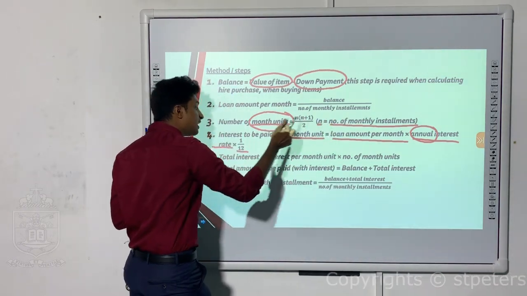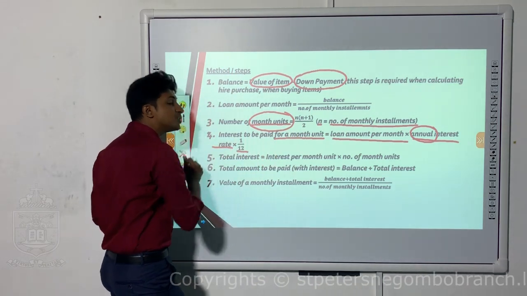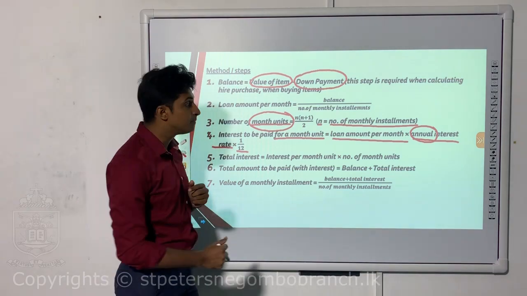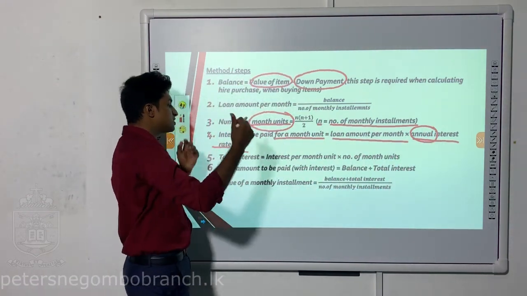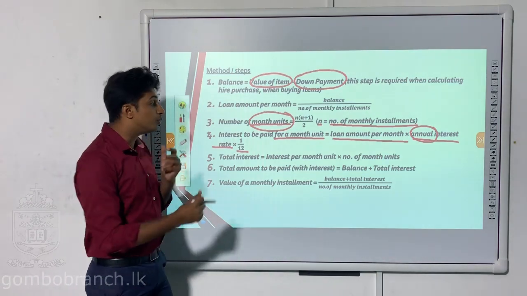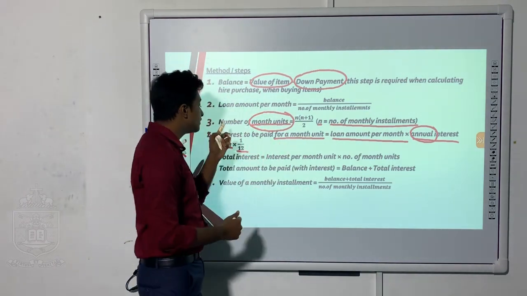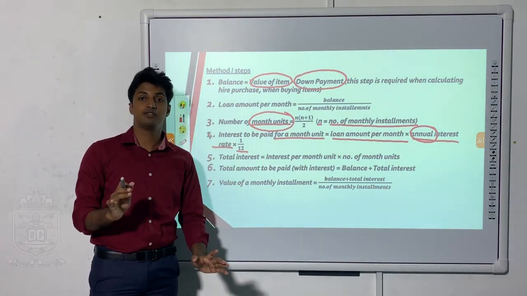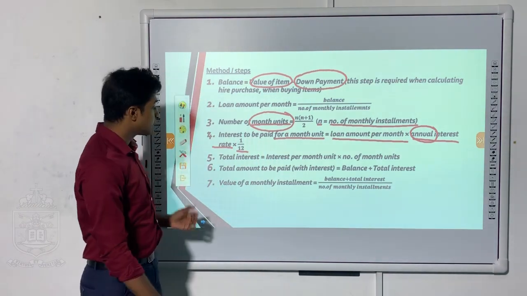Since the interest rate is given annually, to bring it to months, I have to divide by 12. That is multiplying by 1 over 12. Okay. Here the rate is given annually. It is an annual interest rate that is given. So to bring the annual interest rate into a month, I have to divide the given amount by 12. That means you have to multiply by 1 over 12.